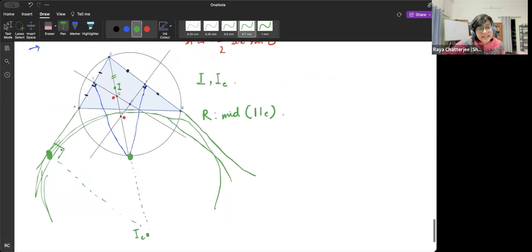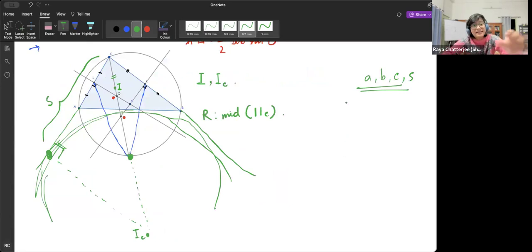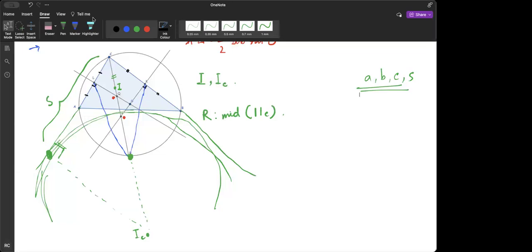Yeah, this is 90 degrees, and this total length is S. So see if you can figure out everything in terms of A, B, C, S, these 4, and sine, cosine, tangent of all the angles. So that is my hint, that CI and CIC are very well known lengths. So you can just use them to bash however you want.